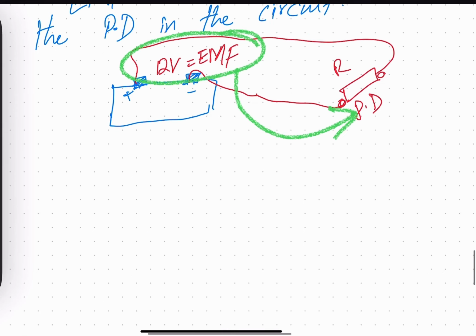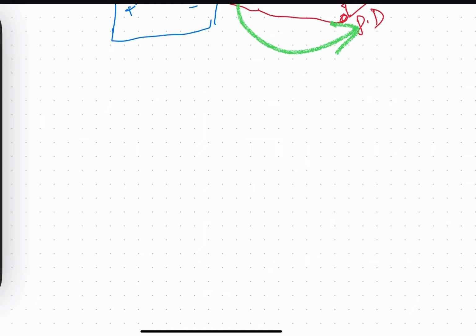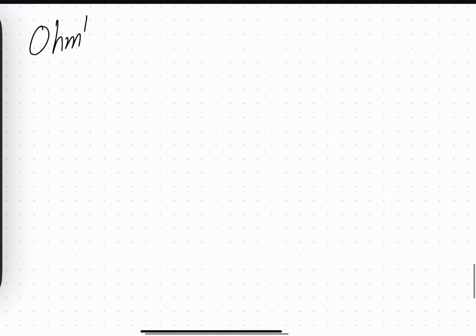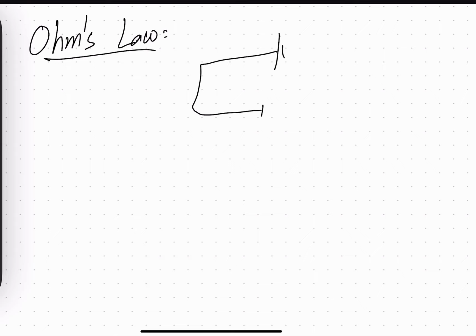Okay, so next we are going to discuss Ohm's law. Ohm's law relates the potential difference and the current with each other. Let's suppose, taking the same example, there is a battery and a resistance whose value is R, with its positive and negative terminals. Its voltage, let's suppose, is V. Due to this voltage, the current will flow.